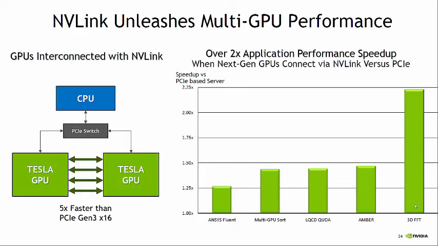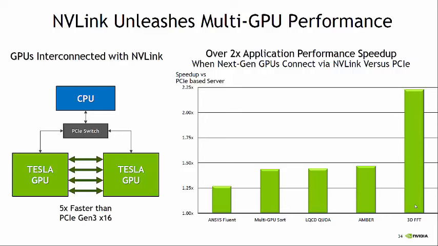I have some early numbers here. This is what a CPU might look like. Depending on the CPU, you can either connect NVLink to it or not. But you will certainly be able to connect GPUs together using NVLink. And here are some application speedups that we have. Fluent, a CFD package, gets about 1.25 times.